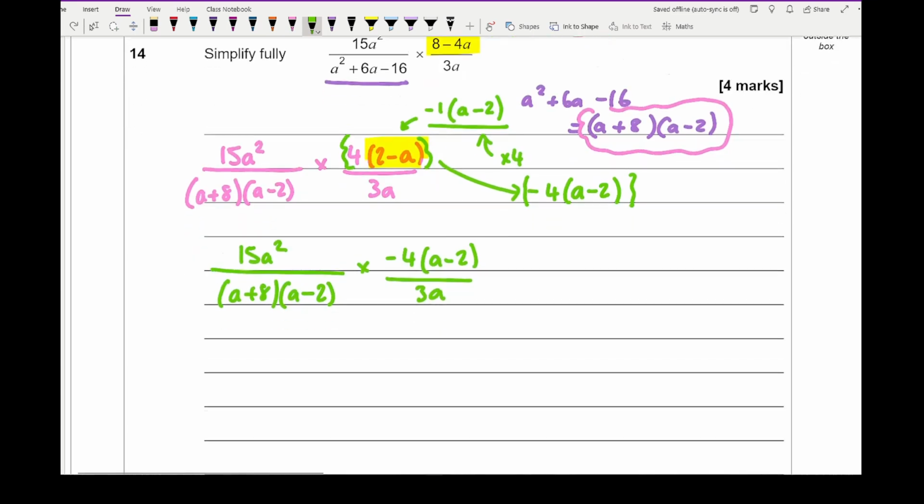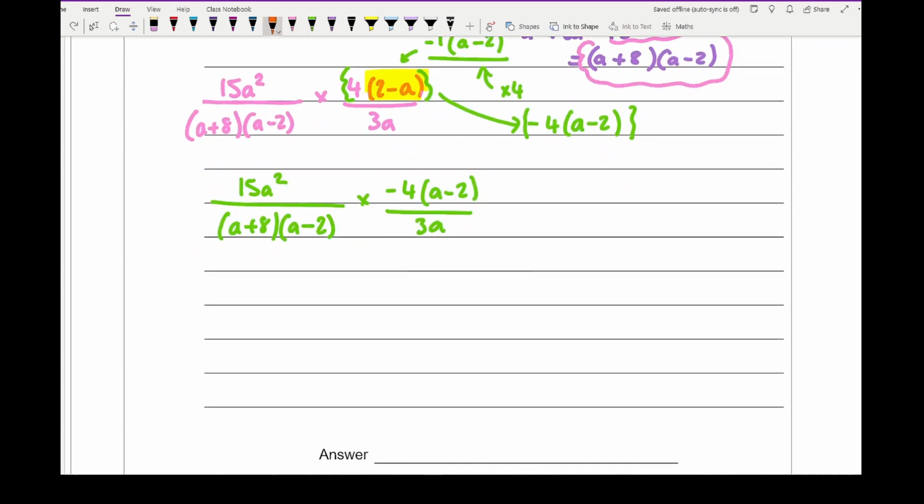Now from this, there's a couple of things we can simplify. More commonly, I would assume most students would multiply the numerators and multiply the denominators. So if we do just that, 15 times minus 4 is minus 60, then a squared times a is a cubed, and then we get a squared (a minus 2) all over 3a(a plus 8)(a minus 2).